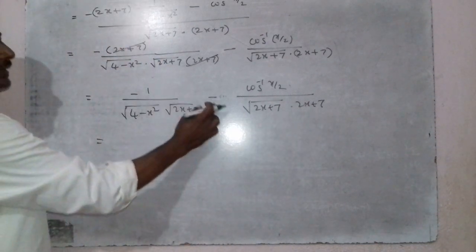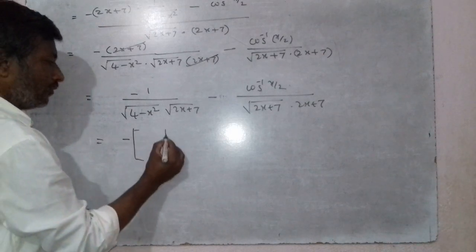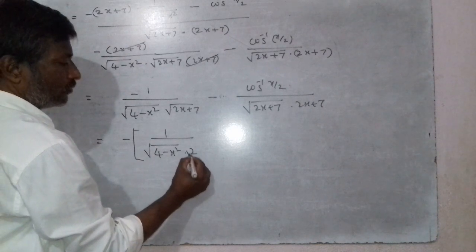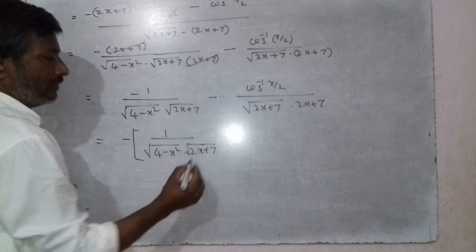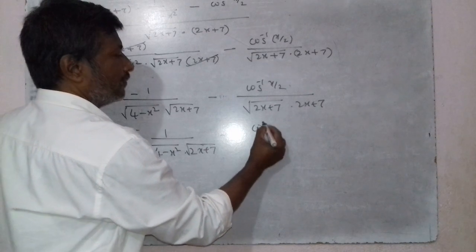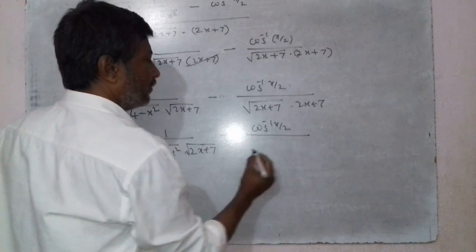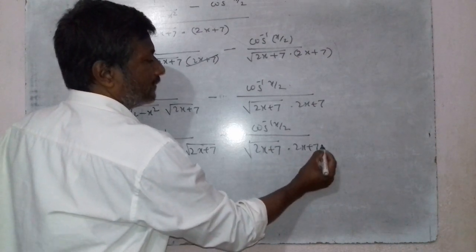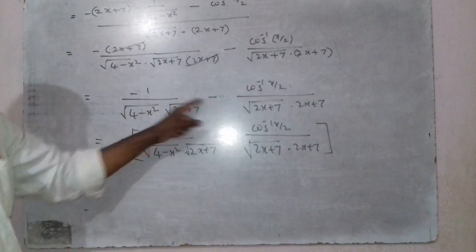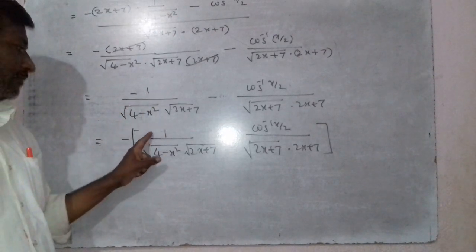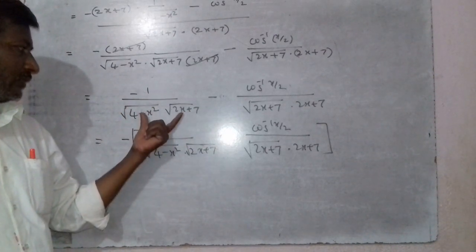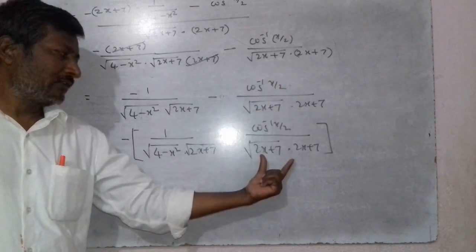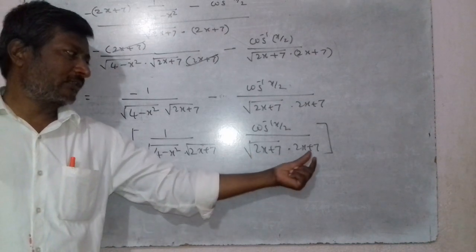This equals, take the minus sign common, 1 upon root of 4 minus x square root 2x plus 7 plus cos inverse x by 2, divided by root of 2x plus 7 into 2x plus 7. Here the minus sign is common, so this becomes plus, this also becomes plus. The numerator is as it is, cos inverse x by 2, and the denominator is root 2x plus 7 into 2x plus 7.